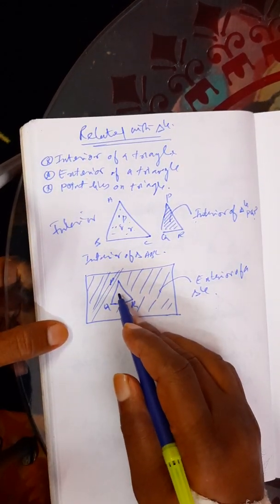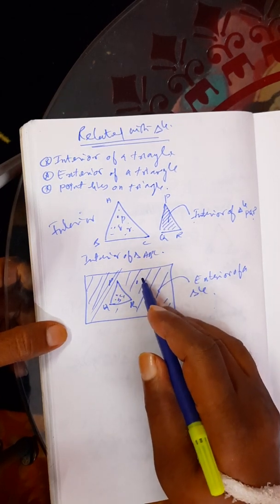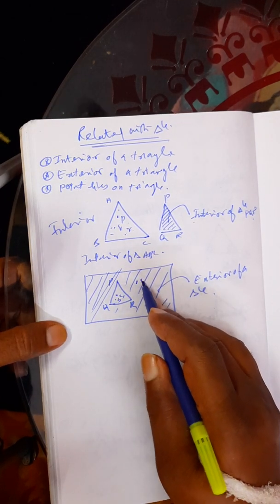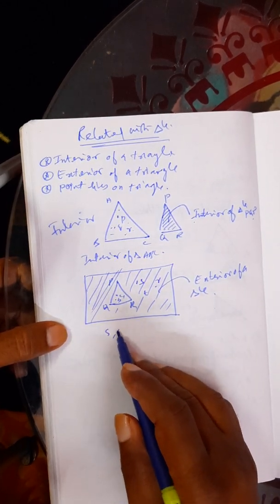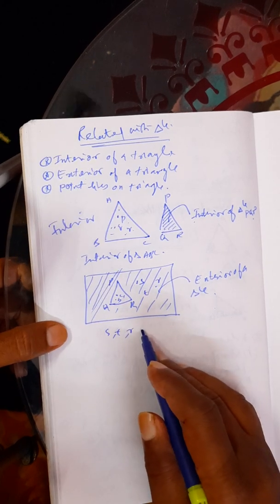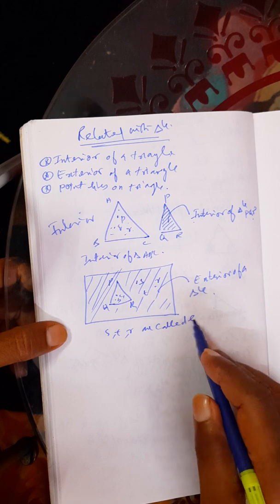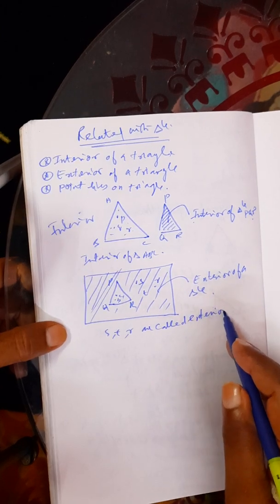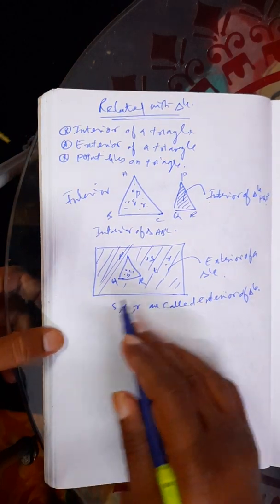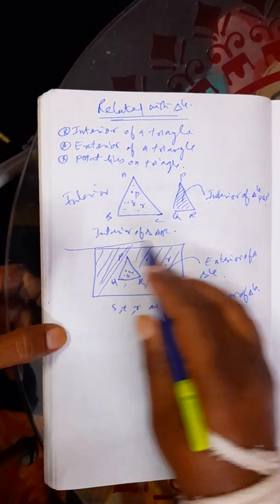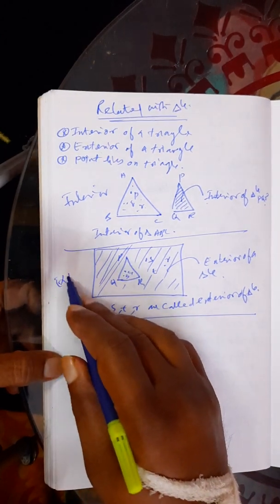Suppose here we write Q, and this is the interior. Here I am writing S, T, R. So S, T, R are called the exterior of the triangle. Exterior of the triangle is over.